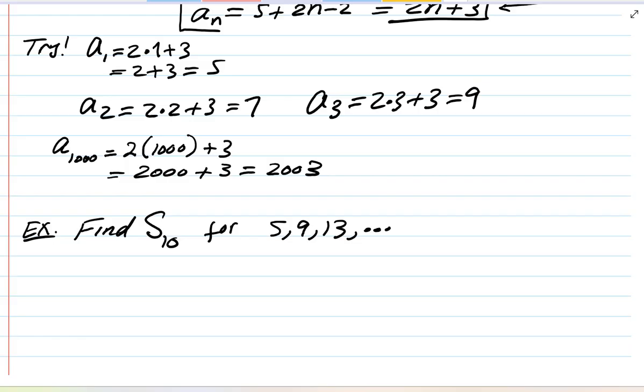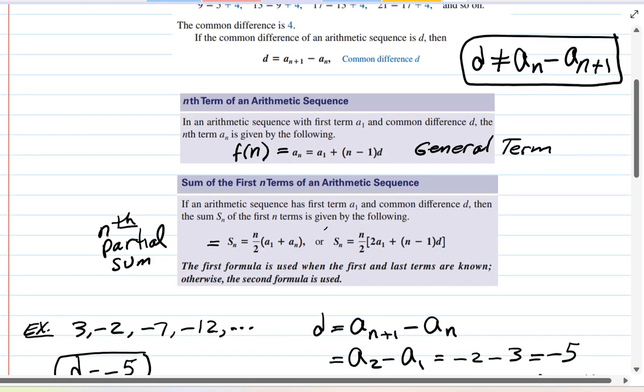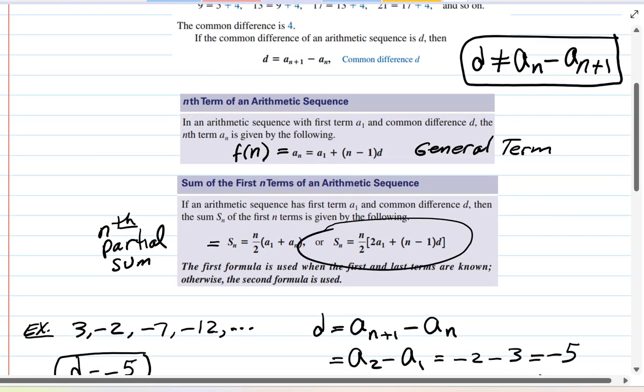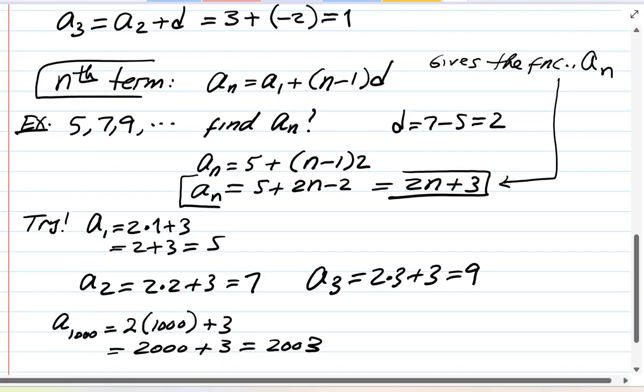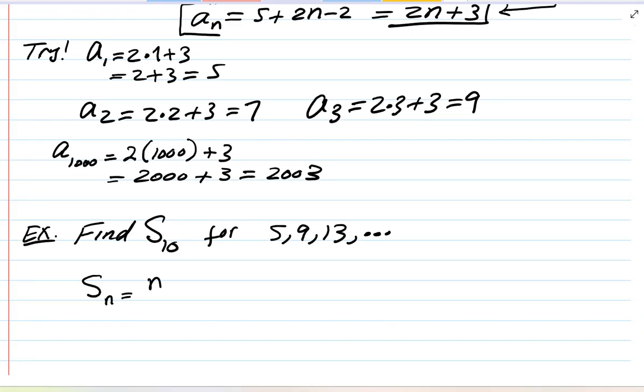In order to use the formula, I'm going to use this one: n over 2 times 2 a1 plus n minus 1 times d.